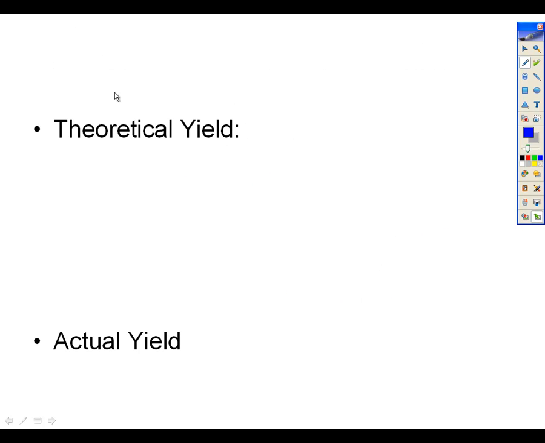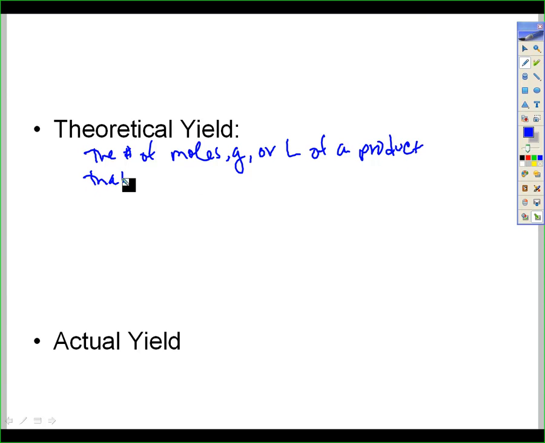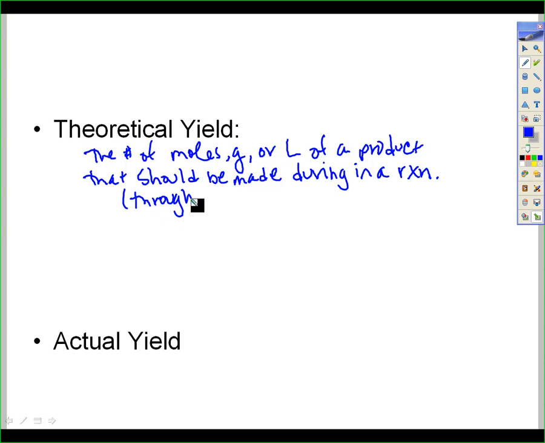We need to talk about two things here: theoretical yield versus actual yield. The theoretical yield is the number of moles, grams, or liters of a product that should be made during a reaction, and that is figured through a stoichiometric calculation.